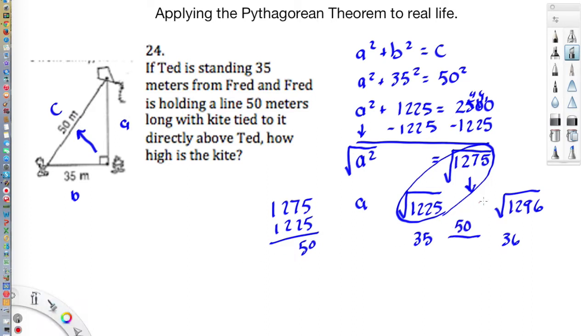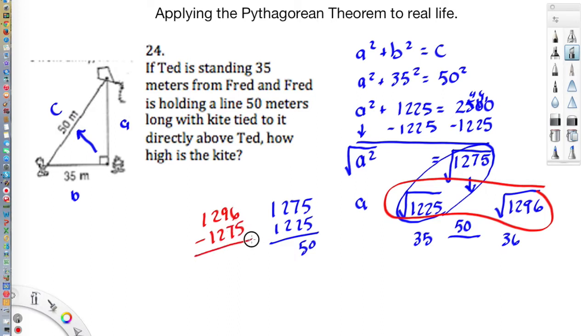And then I find the denominator by finding the difference between these two numbers, which would be 1,296 minus 1,225. Let's get that right. So 6 minus 5 is 1, and 9 minus 2 is 7. So there we have it.